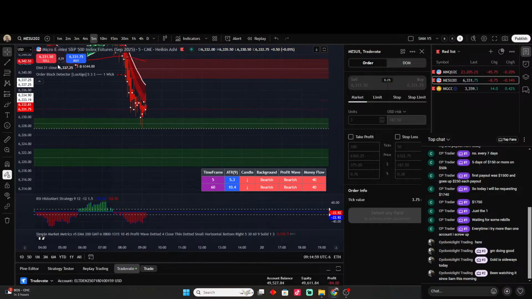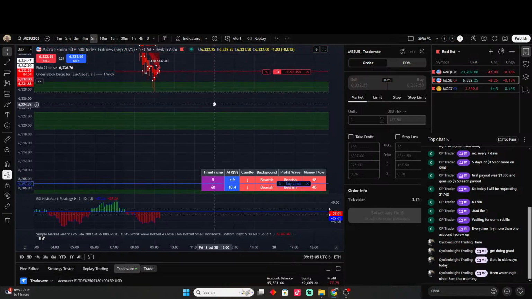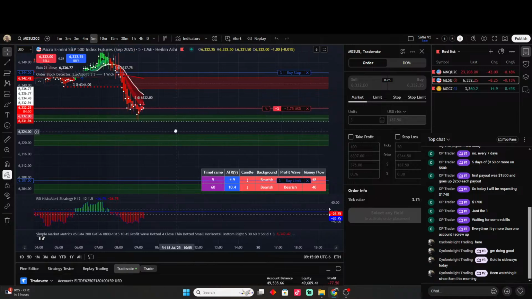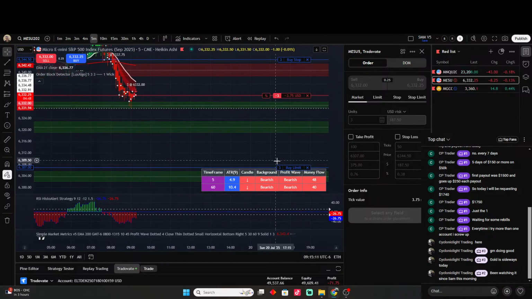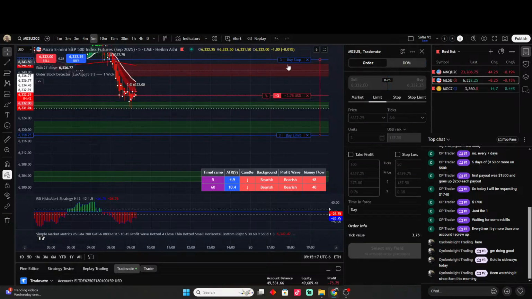In fact, let's give it a shot. I'll show you what I'm talking about. So I took a sell on ES at this level, right at the profit wave. I've got a pretty wide room, a lot of room to breathe here.